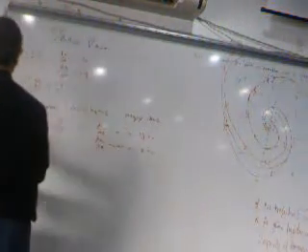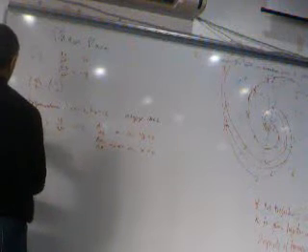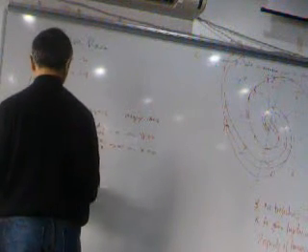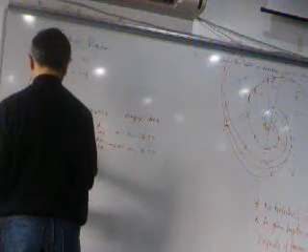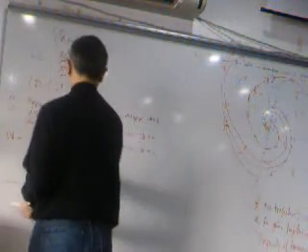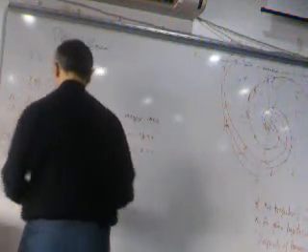So let's finish. Here is the conclusion. The equilibrium point is at the origin. What else?